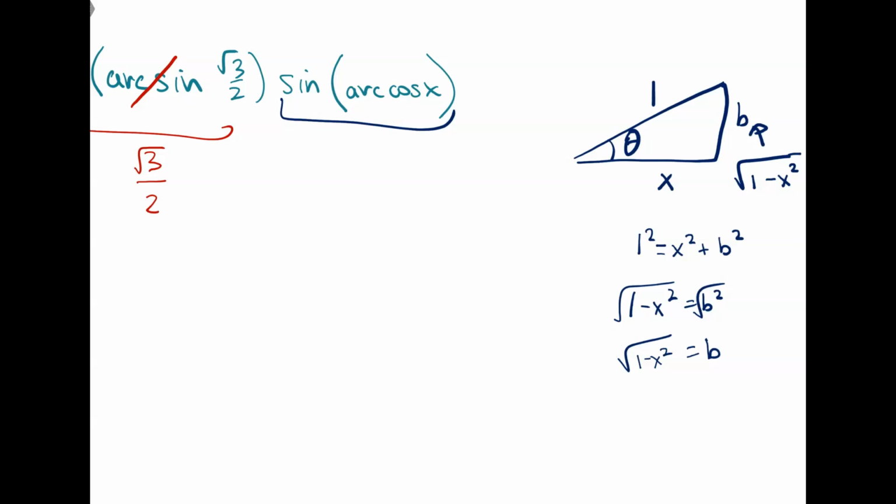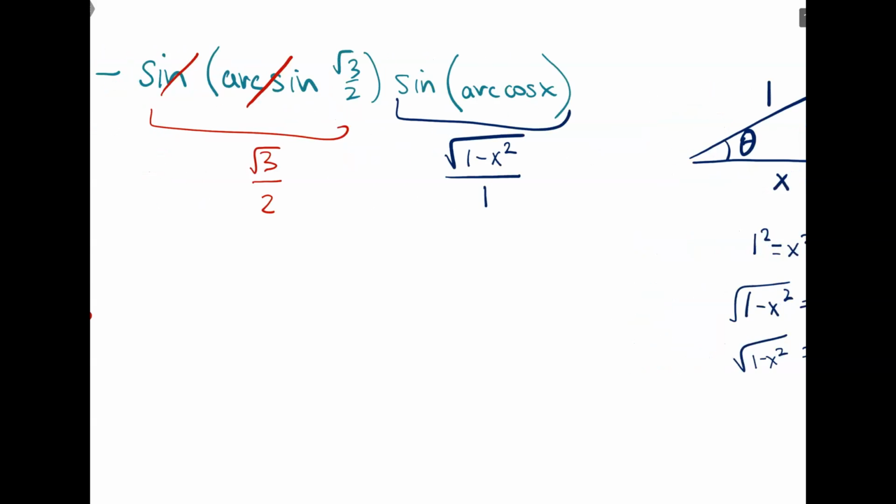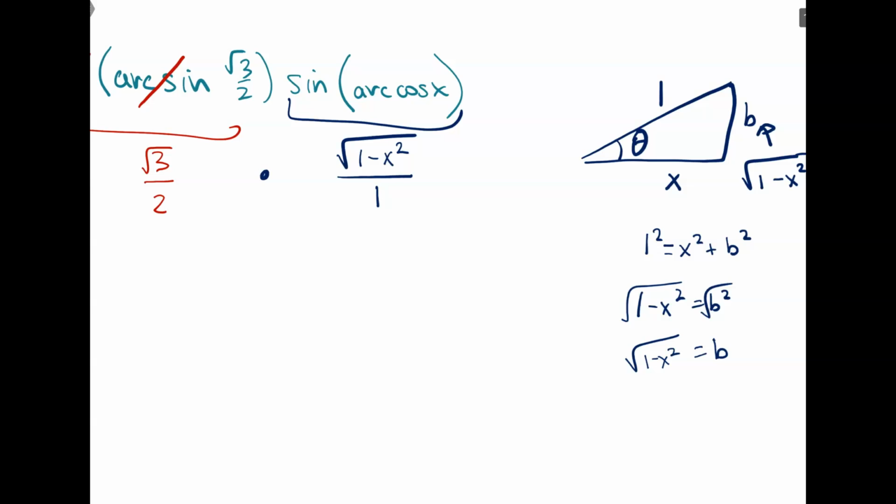I want to take sine of this angle. Sine is opposite over hypotenuse, so it's the square root of 1 minus x squared over 1.